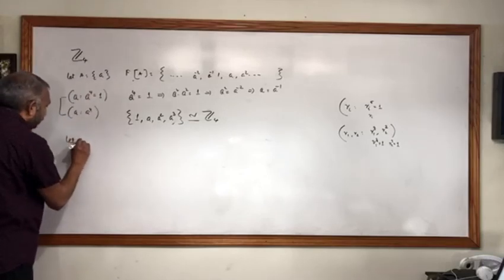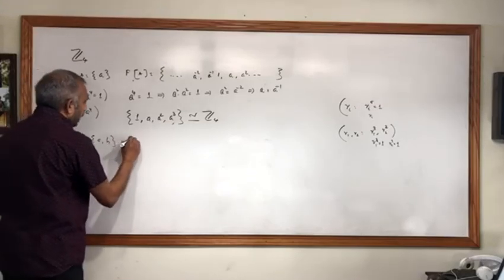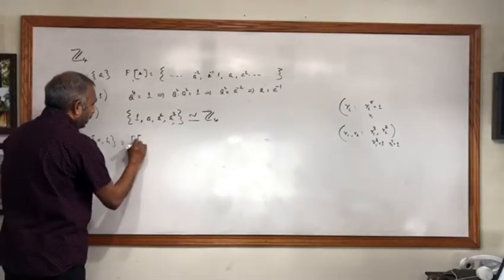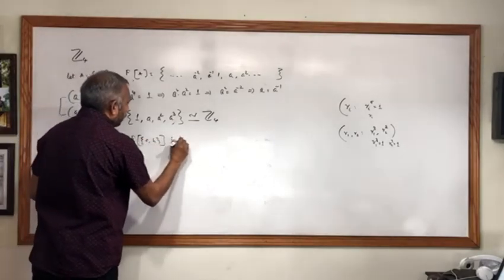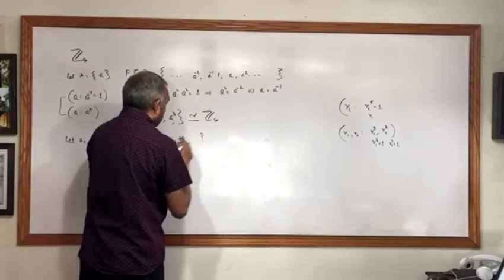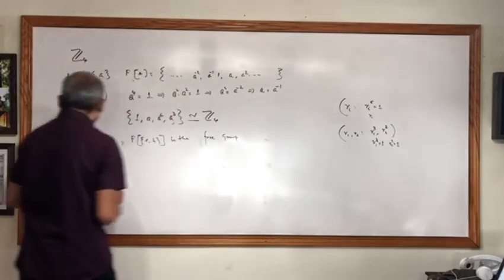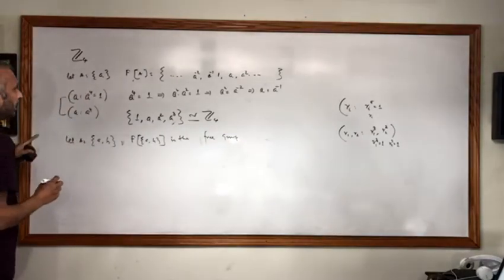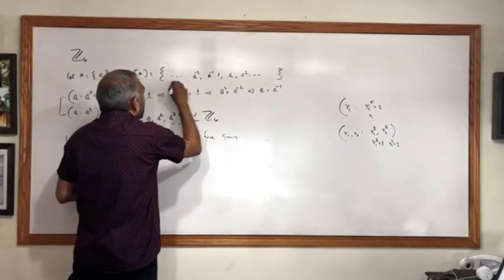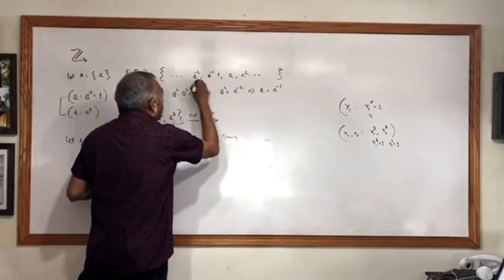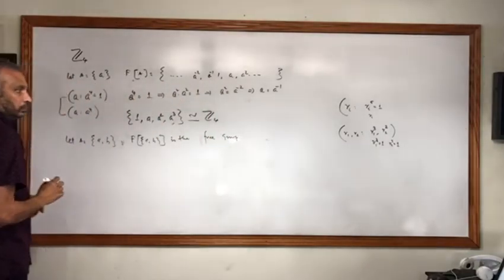So let A be the set A comma B, and F(A, B) is the free group. So basically F of this will contain elements like this, and also along with this you will have products of B also.